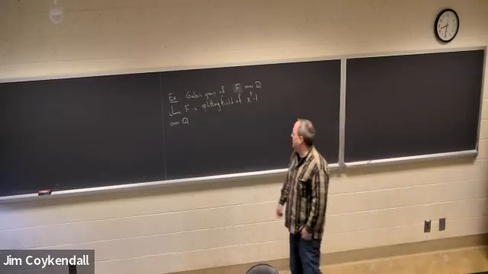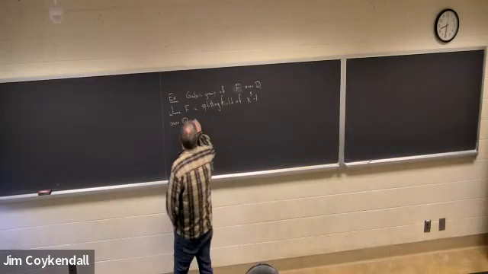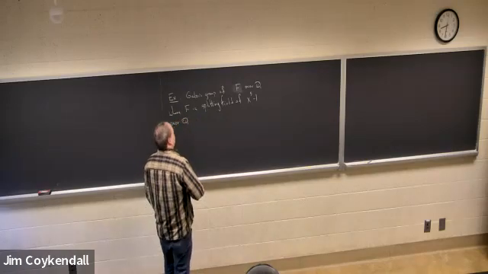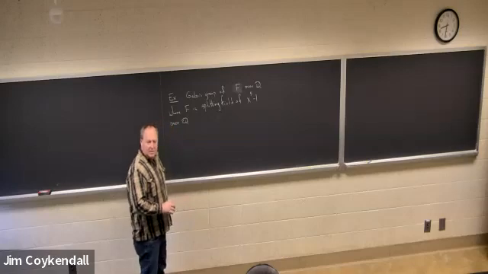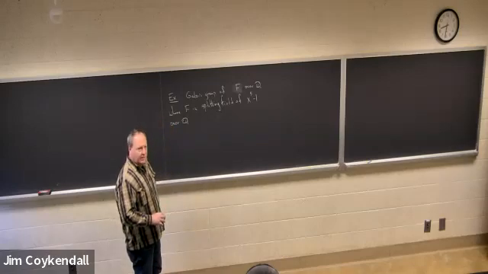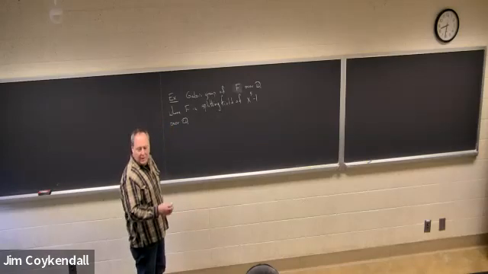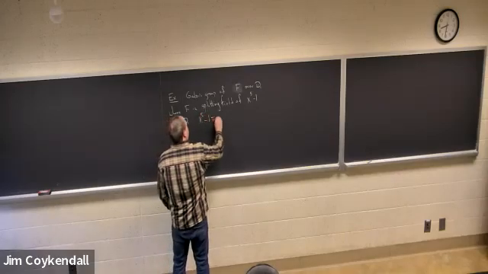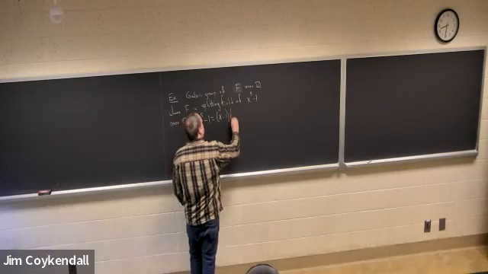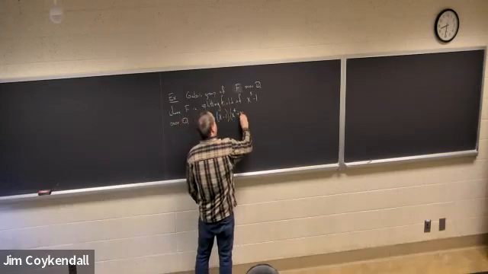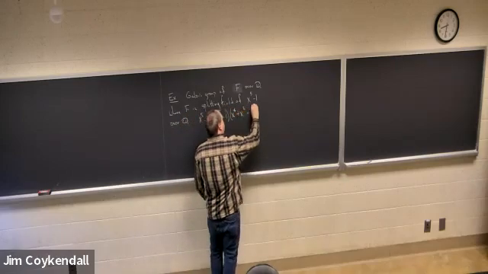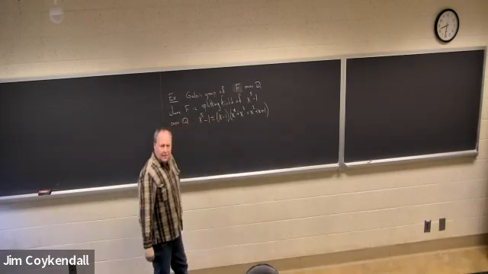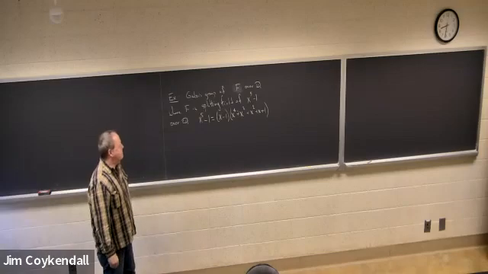So let's look at this example here. And we look at its Galois group and the automorphisms. By the way, anybody want to guess the Galois group? No, maybe we can figure this out. Right.